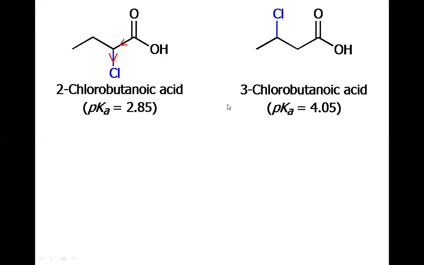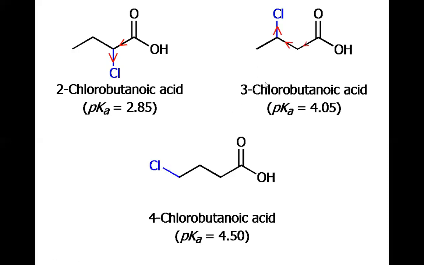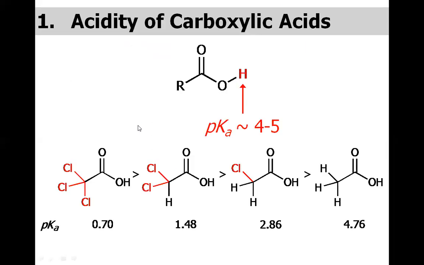So by this token, if we have the chloro group at 4 position, the acidity further decreases and the pKa value further increases. So what we have summarized is that with the increase in number of halogens on the same carbon, the acidity increases and the pKa value decreases for these molecules.